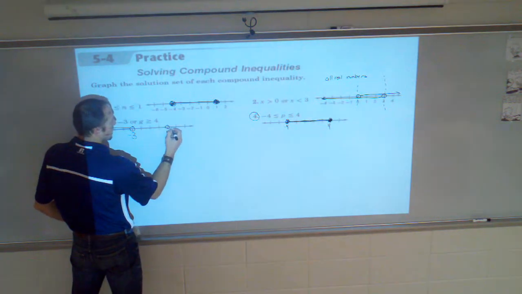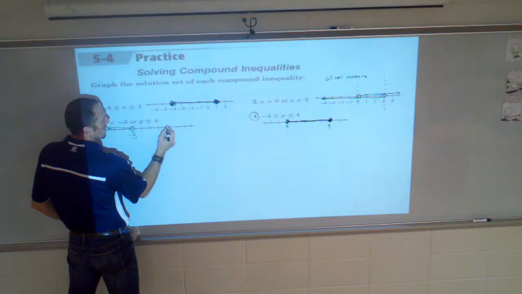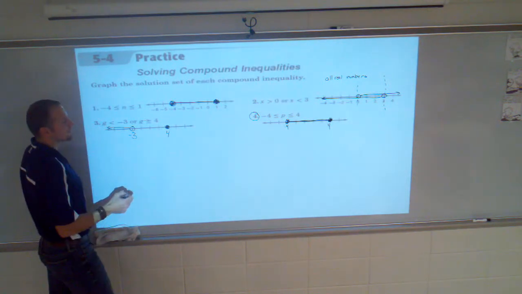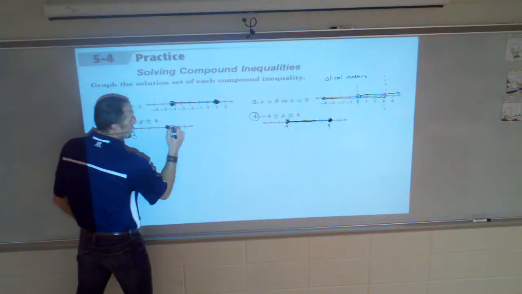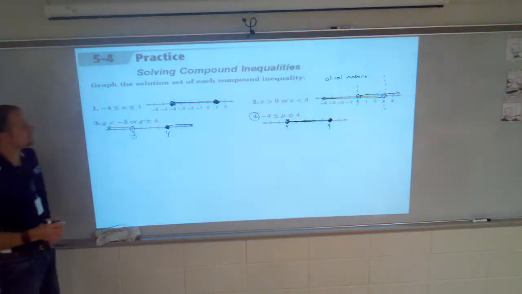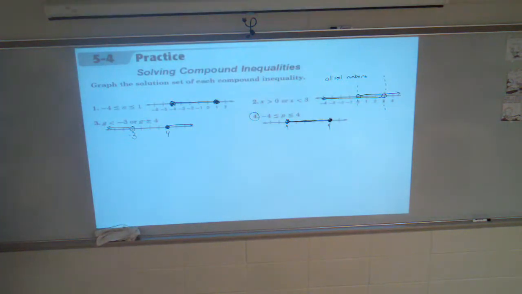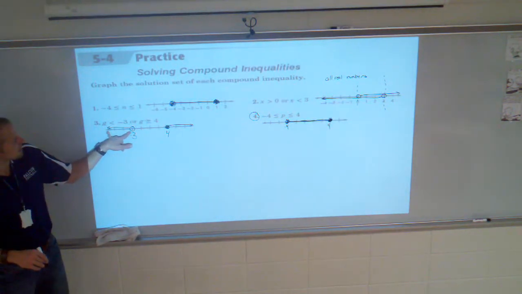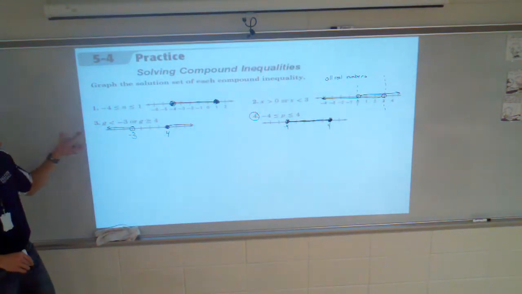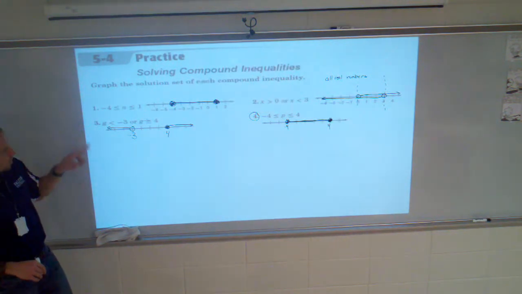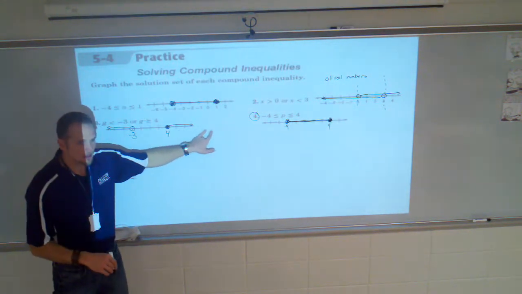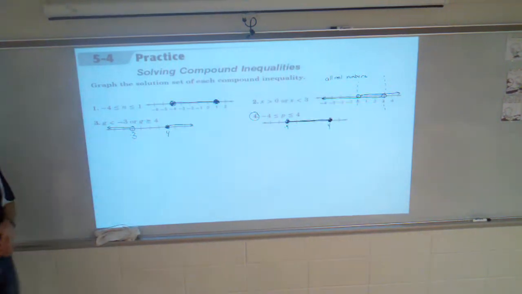I'm going to put a 4 here. I've got to fill that in, and my arrow is pointing right. Now, since it's or, I'm just going to keep it like this. Because G can be everything either over here, or it can be everything up here. Alright?